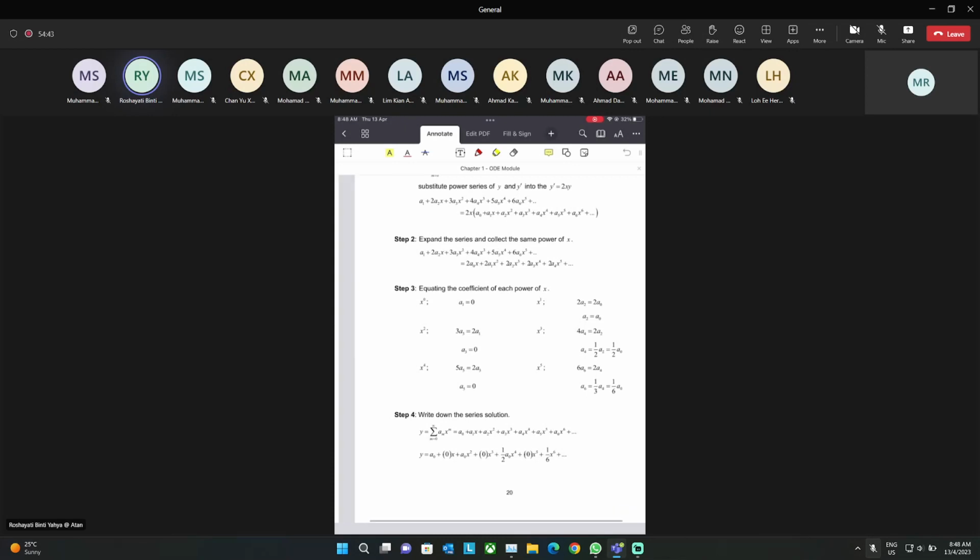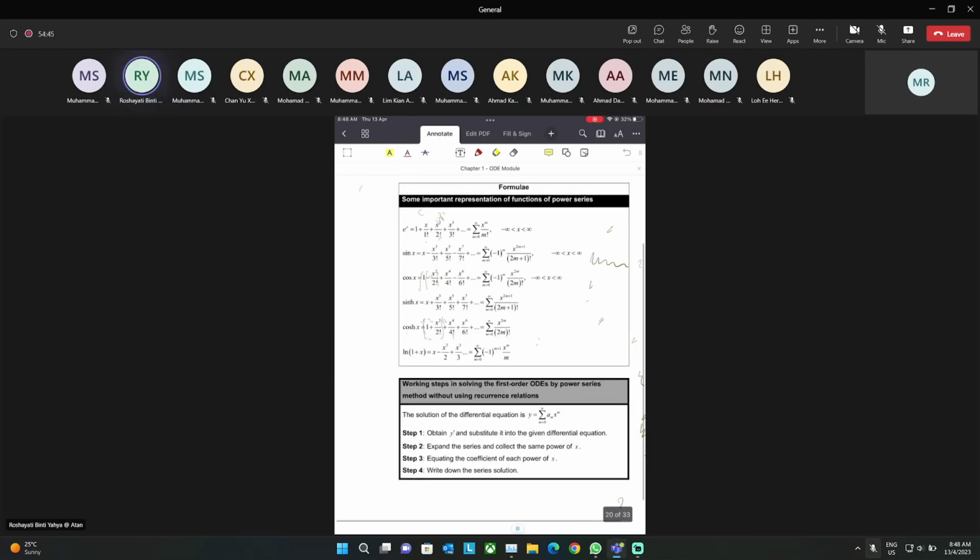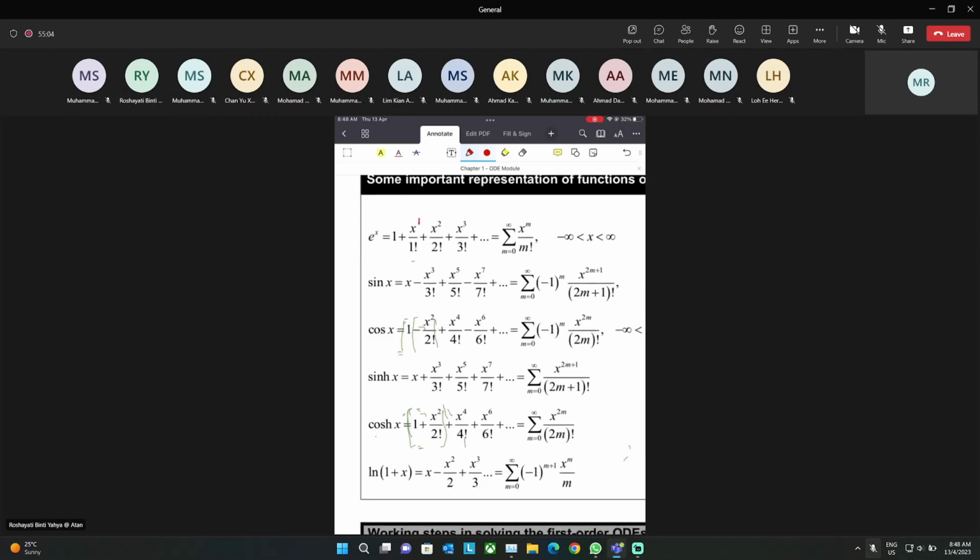Alright, look at this. For exponential, you have exponential x. Here is x to the power of 1 over 1 factorial, x to the power of 2 over 2 factorial. This becomes your x here.